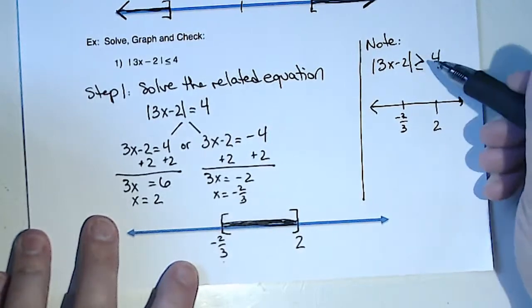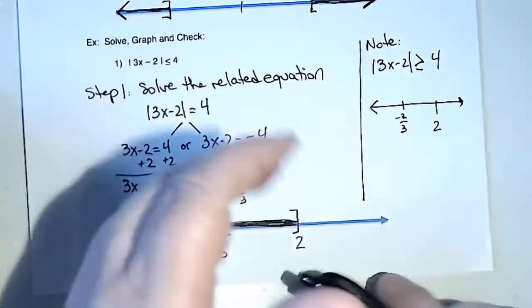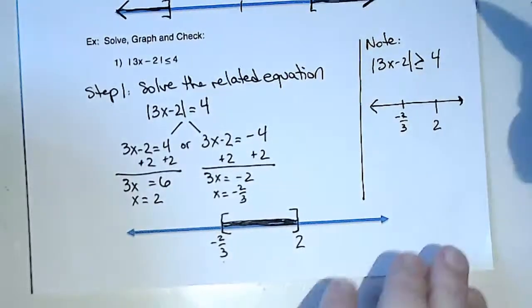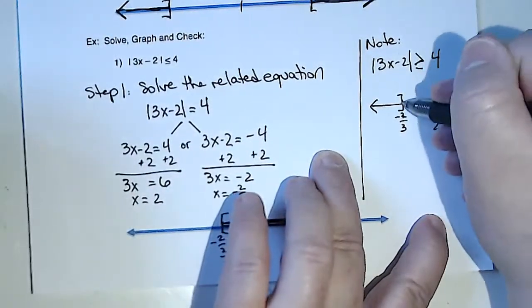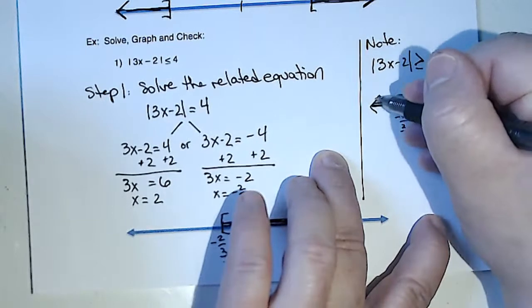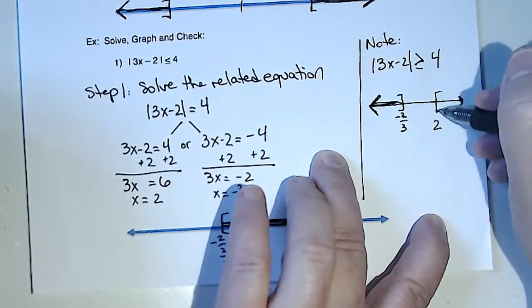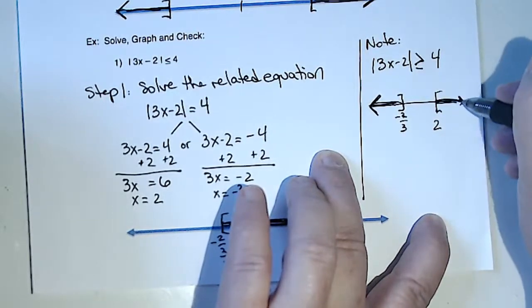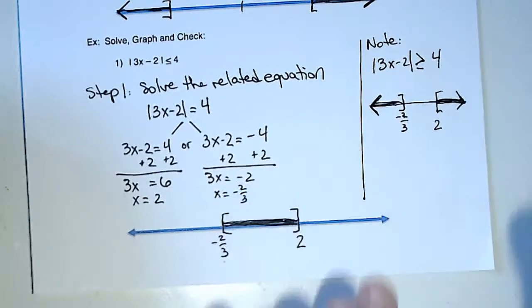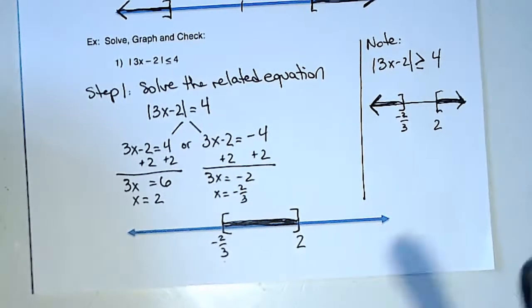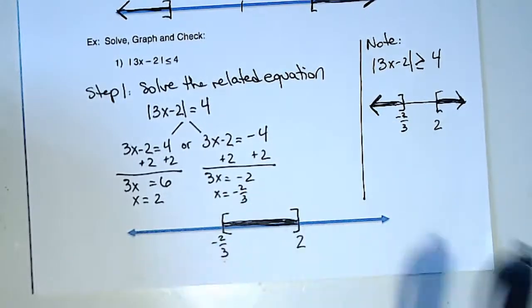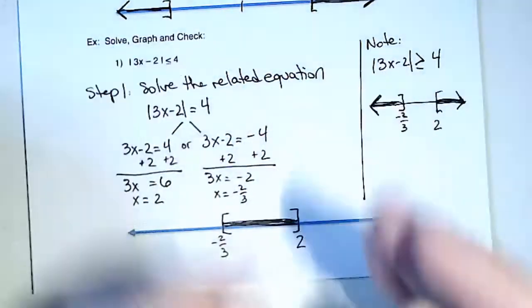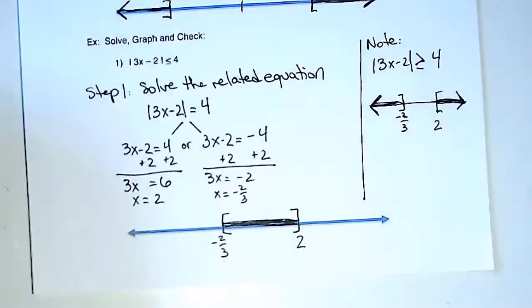If it's greater than, you want to stay to the outside. You want to stay big. So we're going to go this way to the left, get big, and this way to the right. Notice how these complement each other. This is the smaller, and this is the bigger.